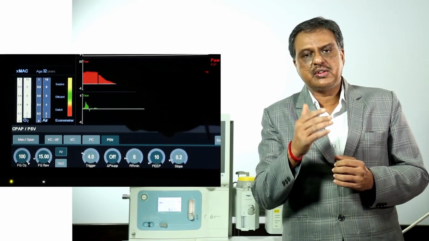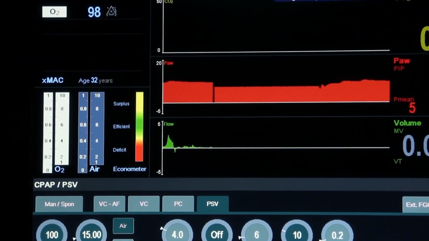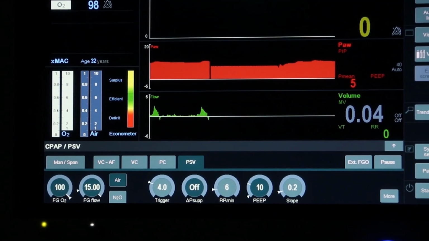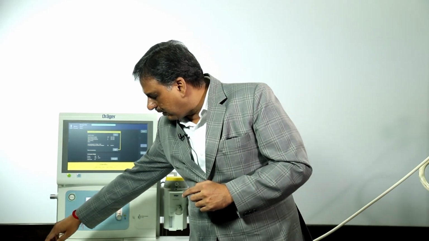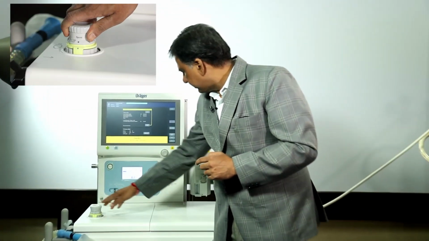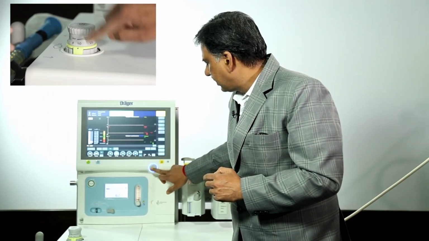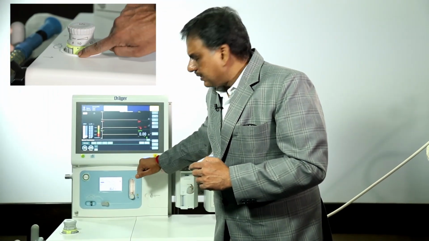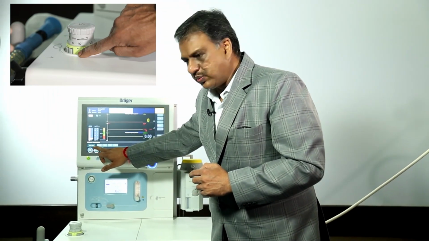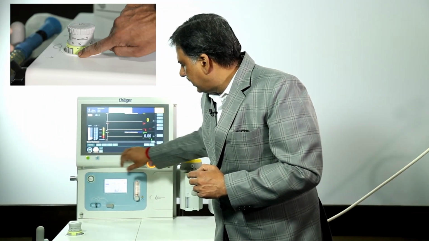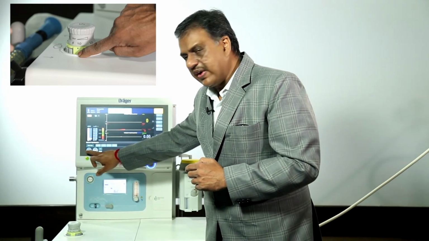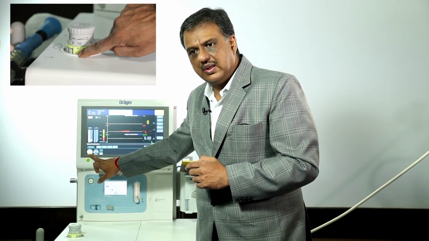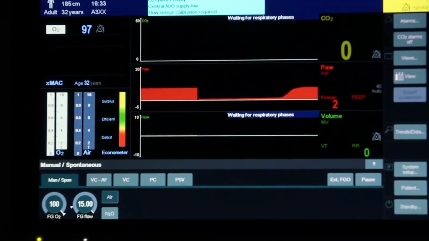and optimal mask fitting will deliver CPAP. To see how much CPAP is being delivered, you need to look at the pressure versus time graph. Another way of manually delivering CPAP is to keep the APL valve closed at 10, shift the mode to manual spontaneous, increase the flow, keep FiO2 100% and look at the pressure graph.